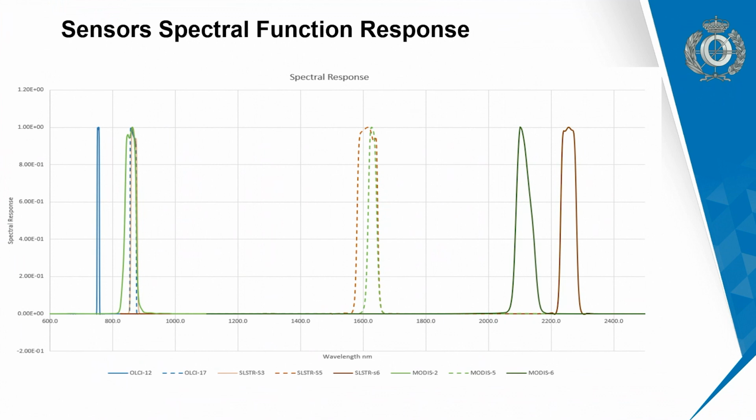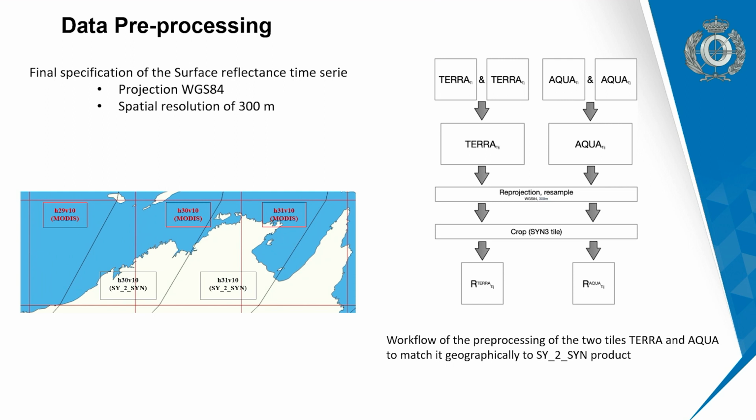The three sensors' bands are overlapping here: MODIS, OLCI synergy, and SLSTR synergy. But for the SWIR, we only have two bands, from SLSTR and MODIS. So the main goal of the project is to provide a time series product with the characteristics of Sentinel-3.